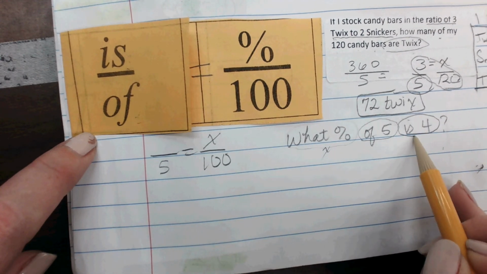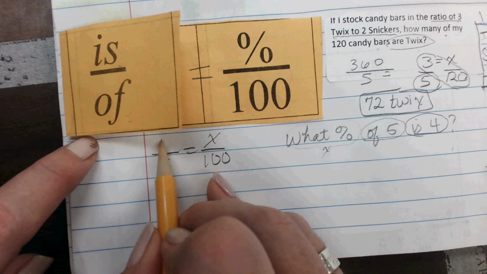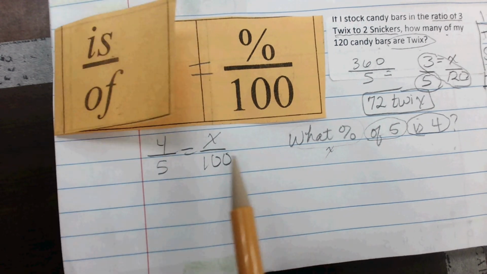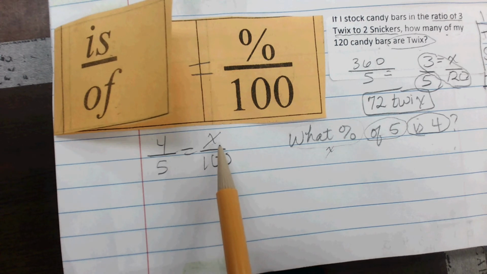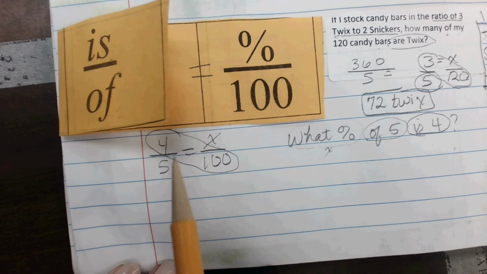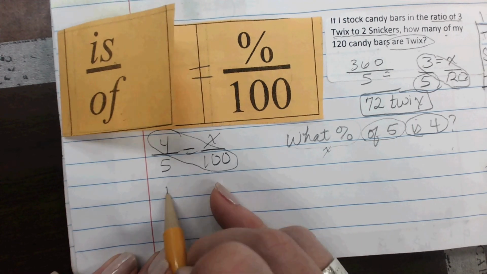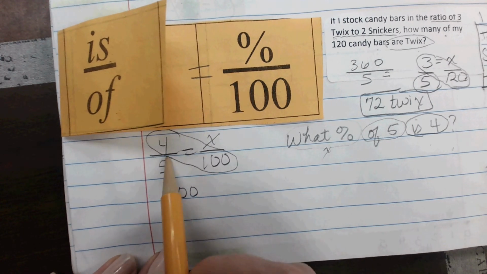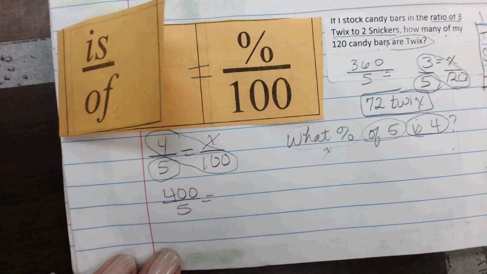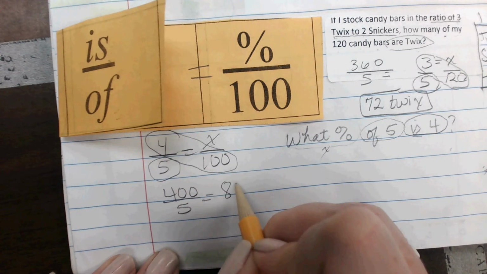Is 4, so that means 4 goes where my is. So I should have 1 x left. So I'm going to multiply where I have two numbers. 4 times 100 is 400. Divide by the number that's left, and 400 divided by 5 is 80.